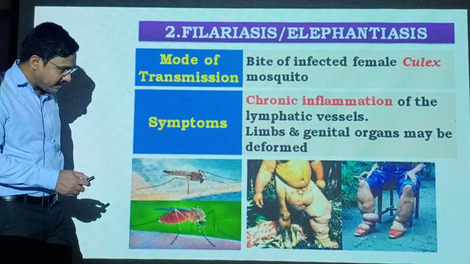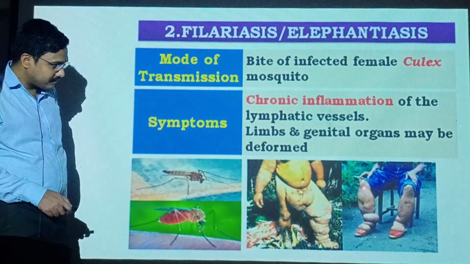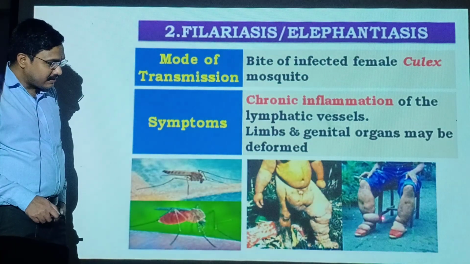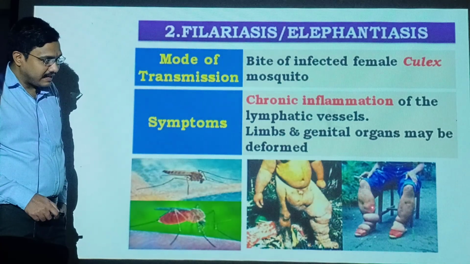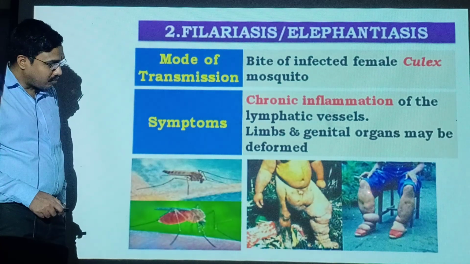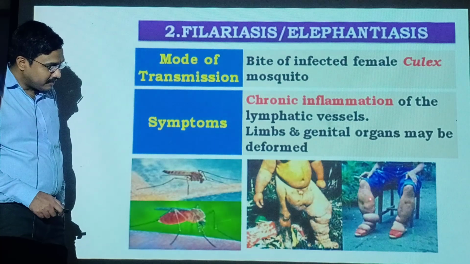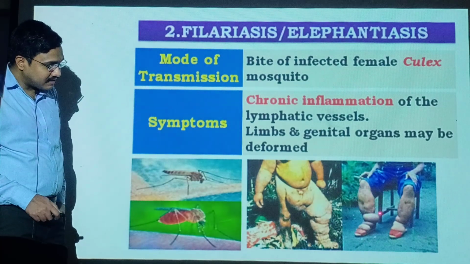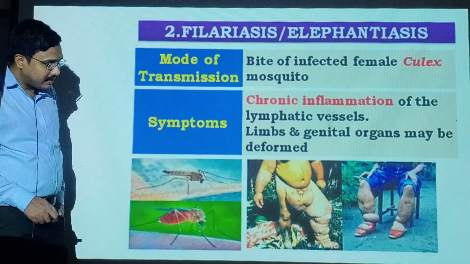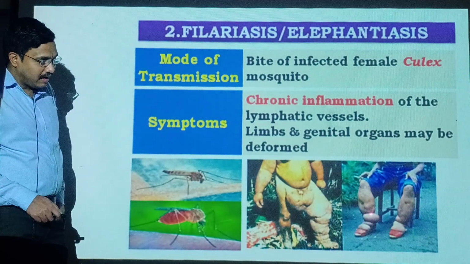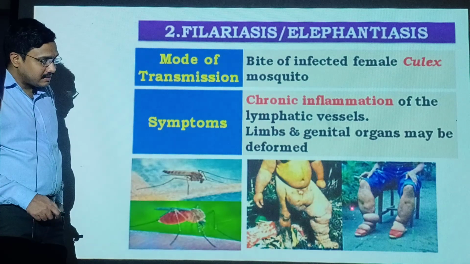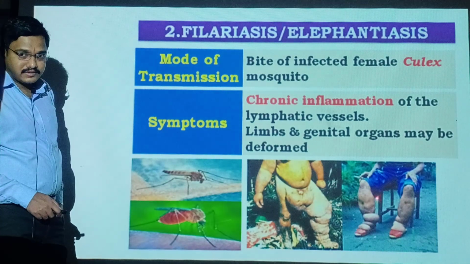So if you see here, if you see the leg, in the filariasis, leg of the patient is like elephant leg, but here what is affected? Here lymphatic vessels are affected. That's why like this symptoms are appearing.